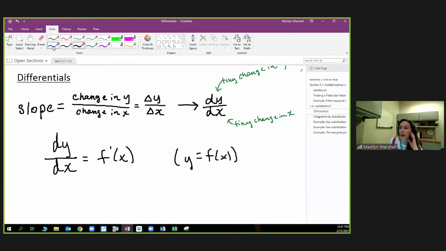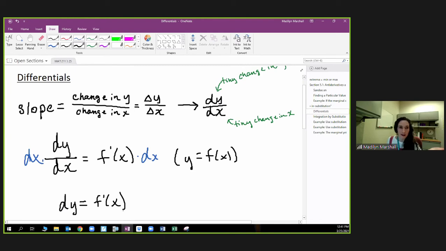So if we multiply both sides by dx here, dy is equal to the derivative of the function, whatever that is, times dx.